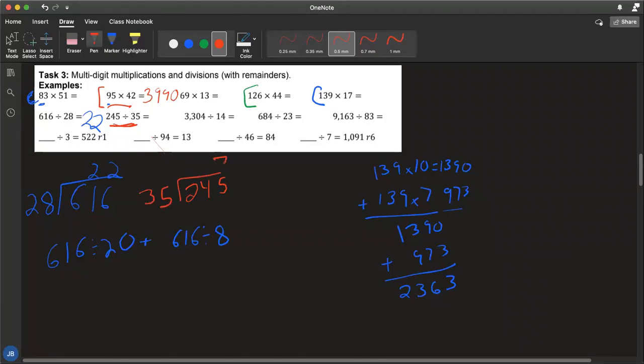So you got 7 with a remainder of 5. So we can check it. What is 7 times 35? We would have a 5, right? And then we would add a 3 up here. 7 times 3 is 21 and 24. Right? Am I correct?